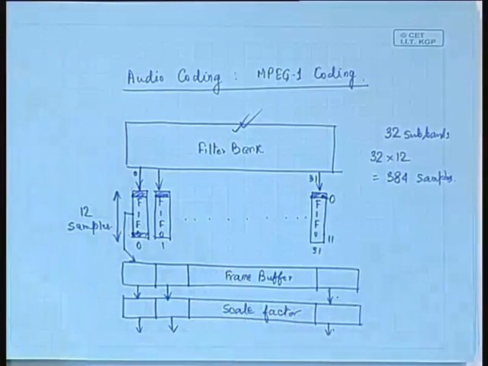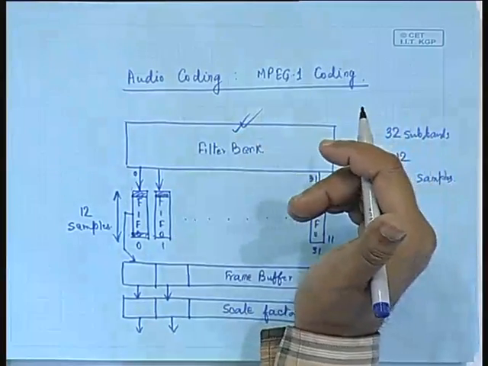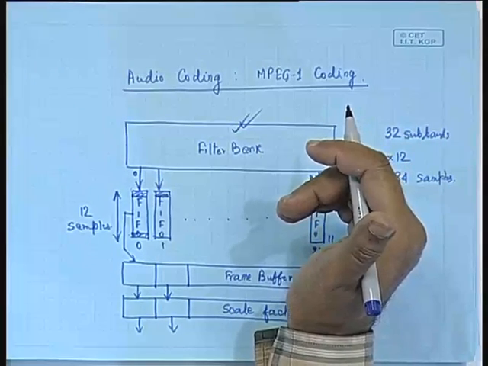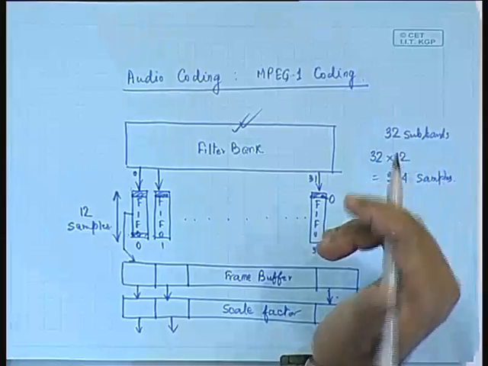So, when 12 such sets of samples are obtained for each one of the subbands, then we can do the further processing, because in that case we will be obtaining 32 into 12, that is 384 samples, which forms an audio frame.